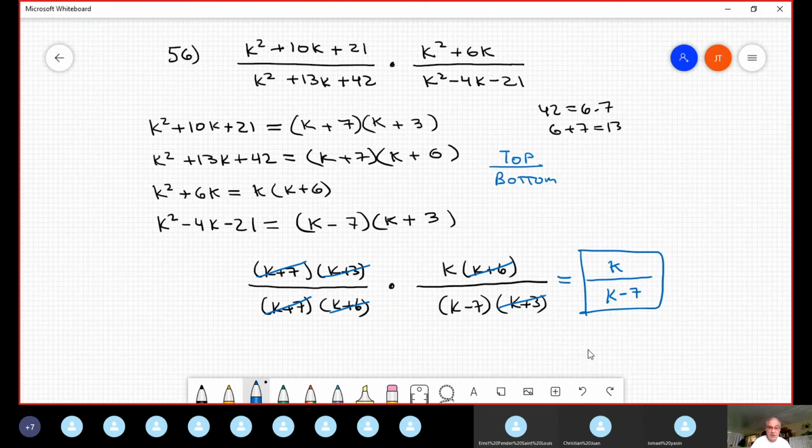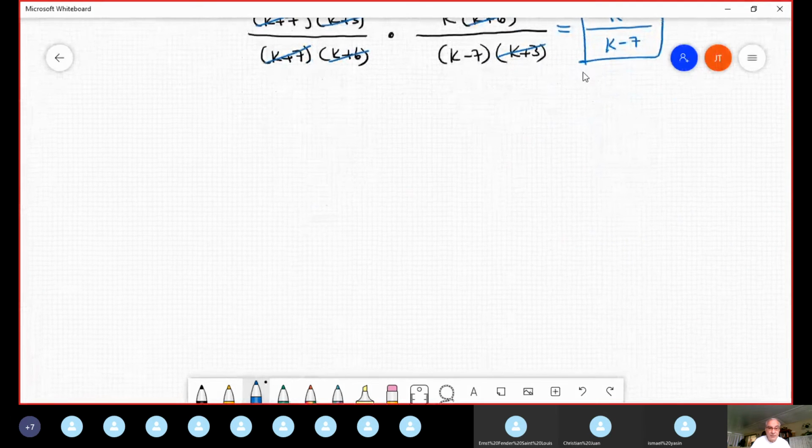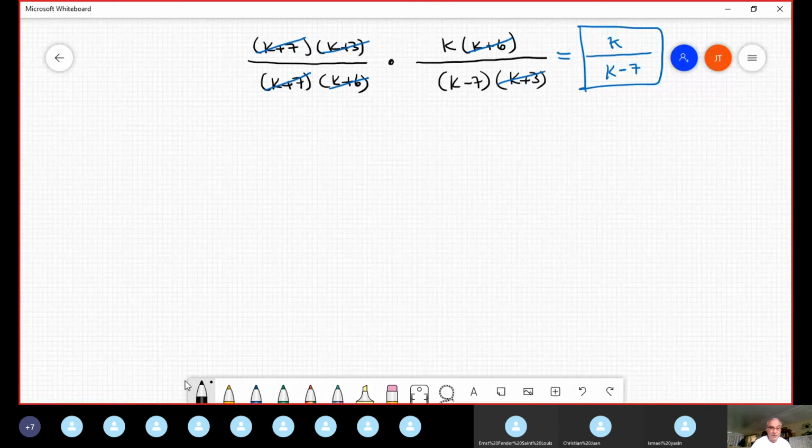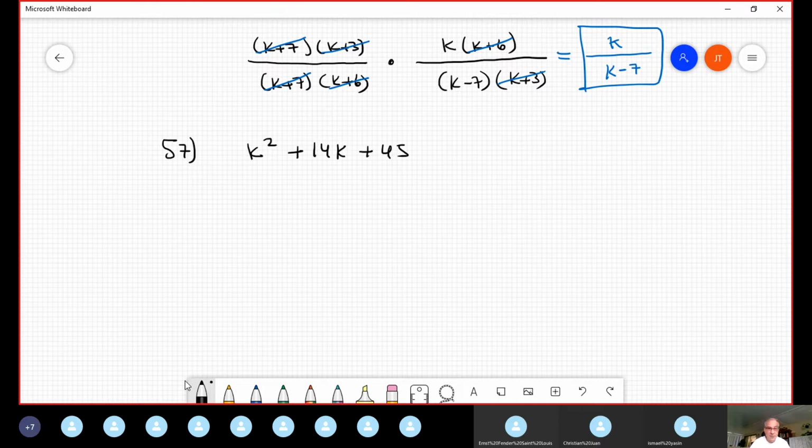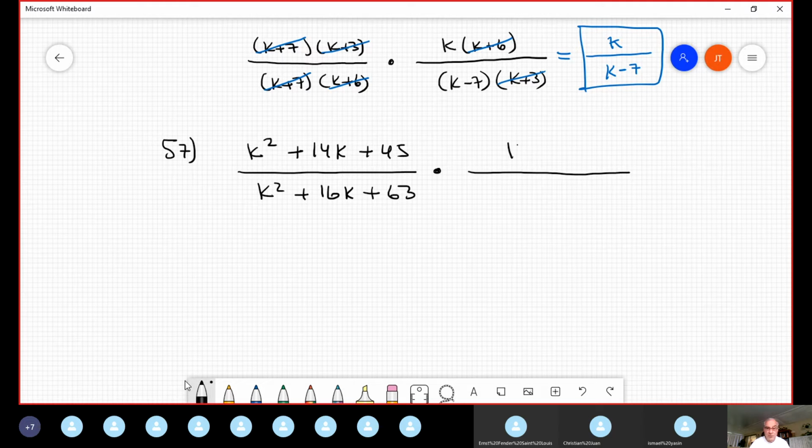Okay, let's move on to example 57. It's similar. You help me now. 57 is k squared plus 14k plus 45, divided by k squared plus 16k plus 63, multiplication, k squared plus 7k, over k squared plus 10k plus 25.